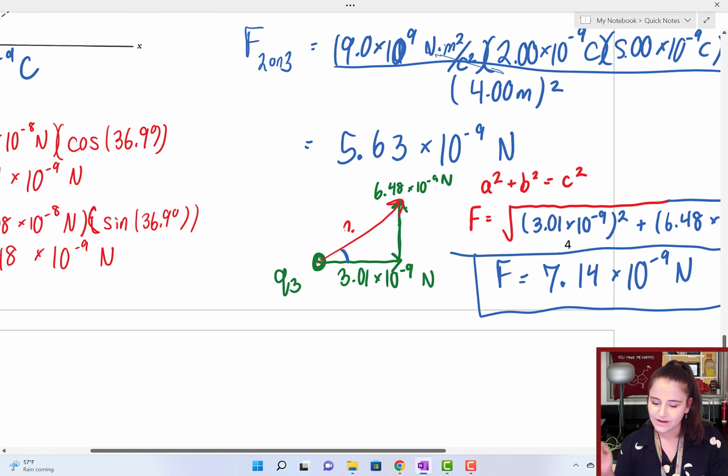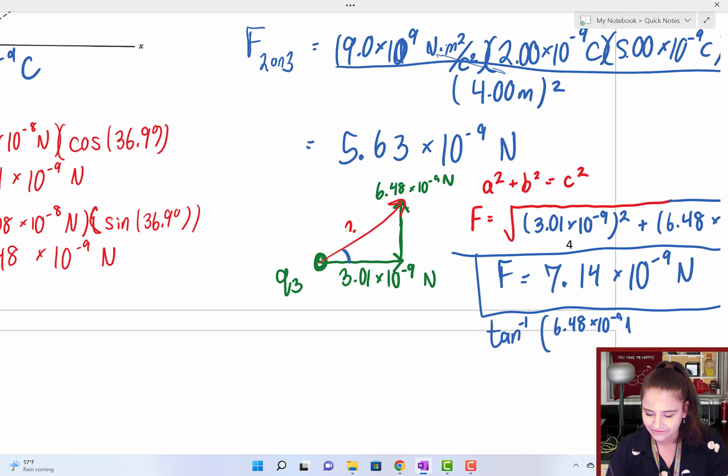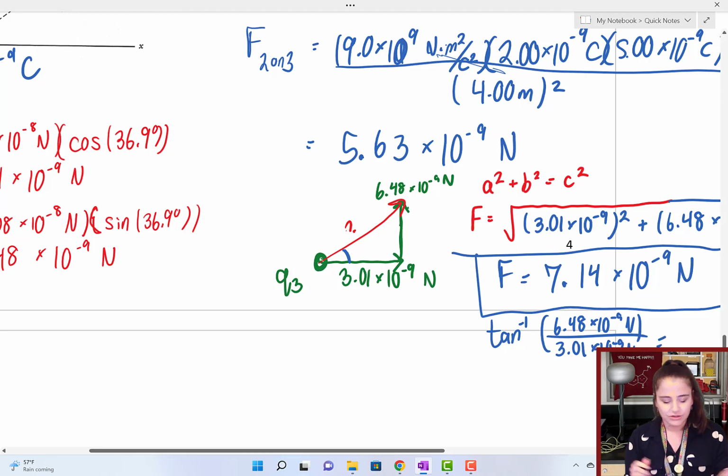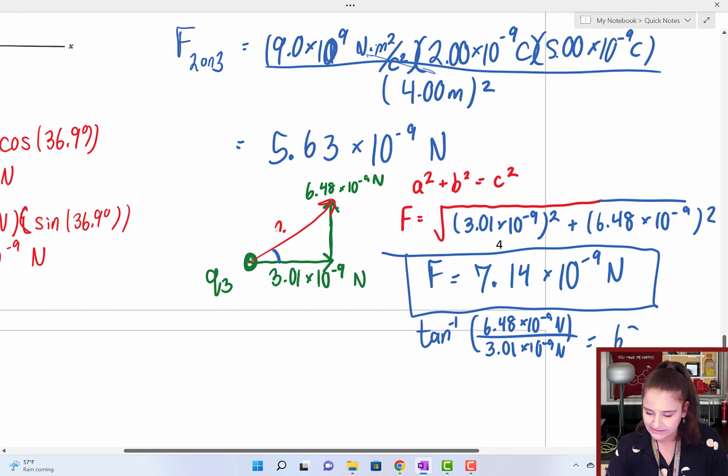To find the angle, I'm going to use tangent. So the inverse tangent of the opposite, 6.48 times 10 to the negative 9 newtons, over the adjacent, 3.01 times 10 to the negative 9 newtons. Then I'm going to take the inverse tangent of that number to get 65 degrees.